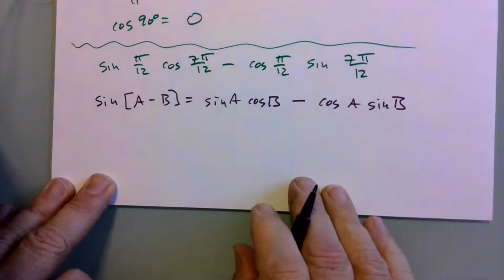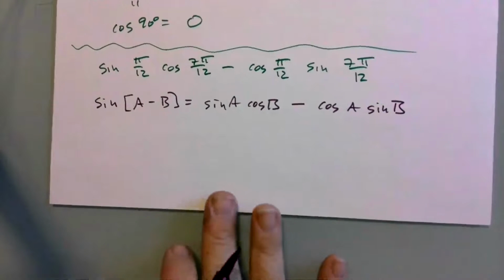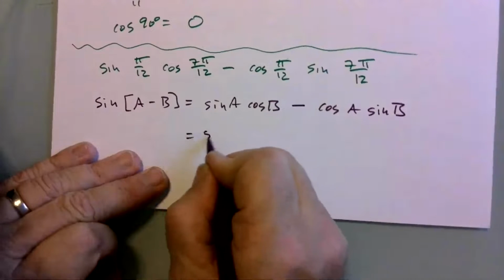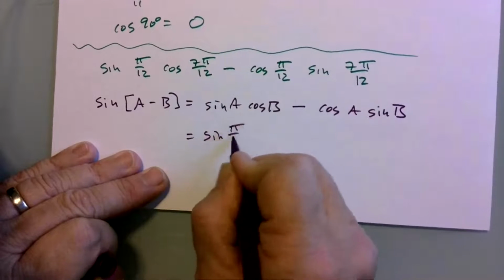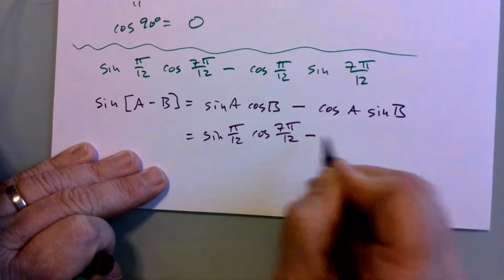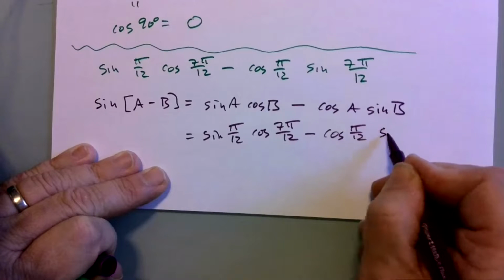Zoe has an answer. Ruben has a pretty good answer, just not simplified, but I like them both. So very good. Going ahead and plugging these things in, we have sine of pi over 12 cosine 7 pi over 12 minus cosine pi over 12 sine 7 pi over 12.